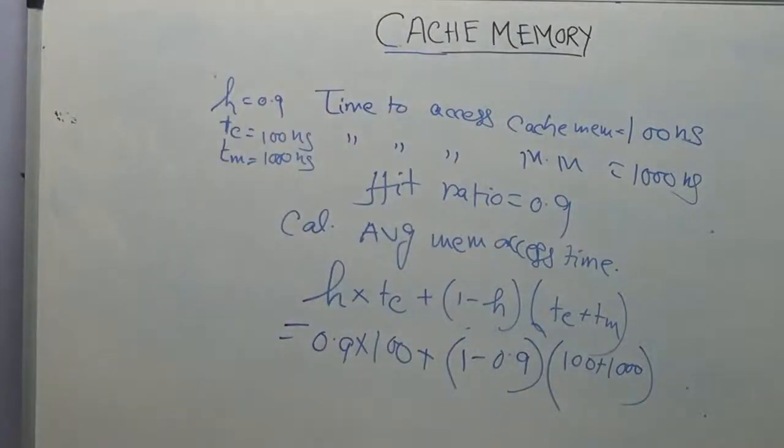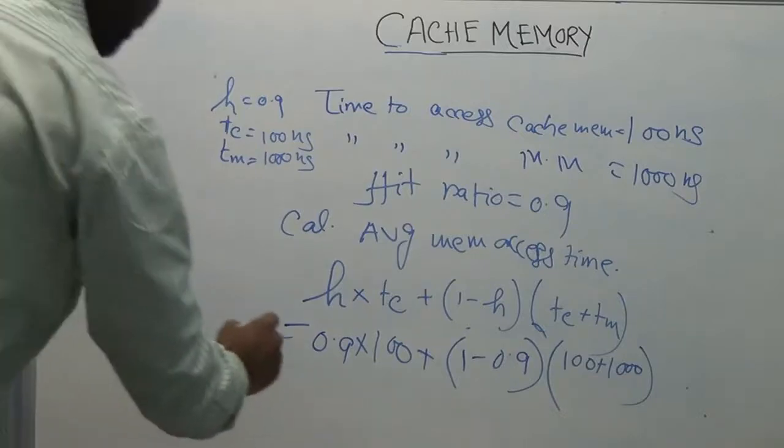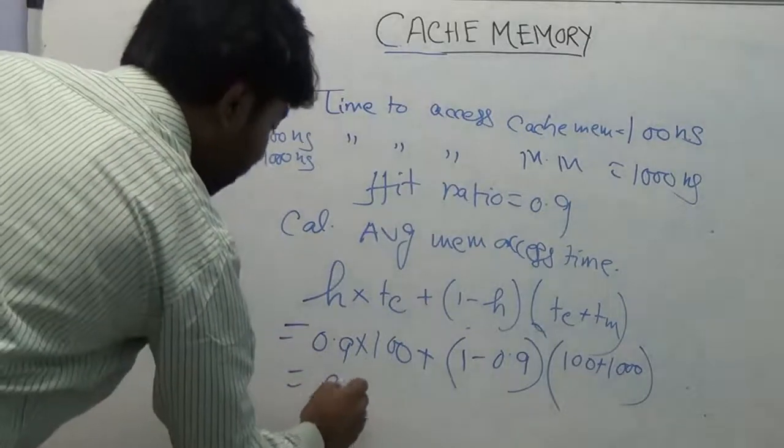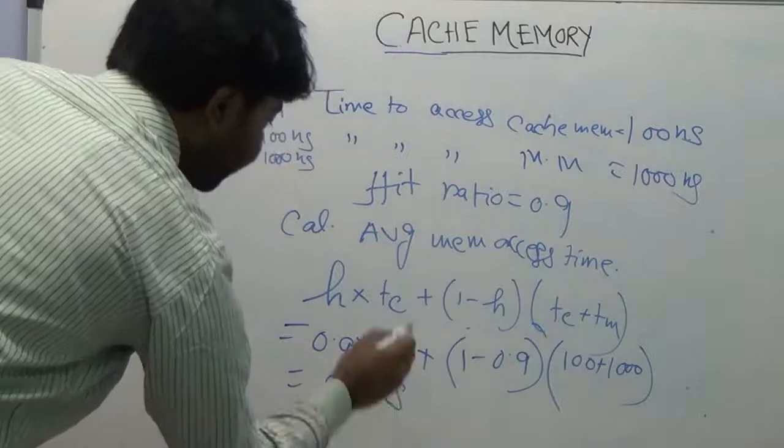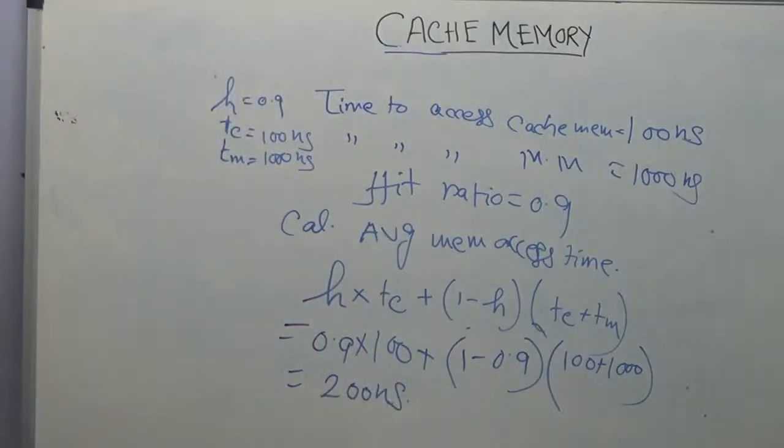So we have put all the values in the given expression, and after calculation we get 200 nanosecond. So using this formula we have calculated the average memory access time.